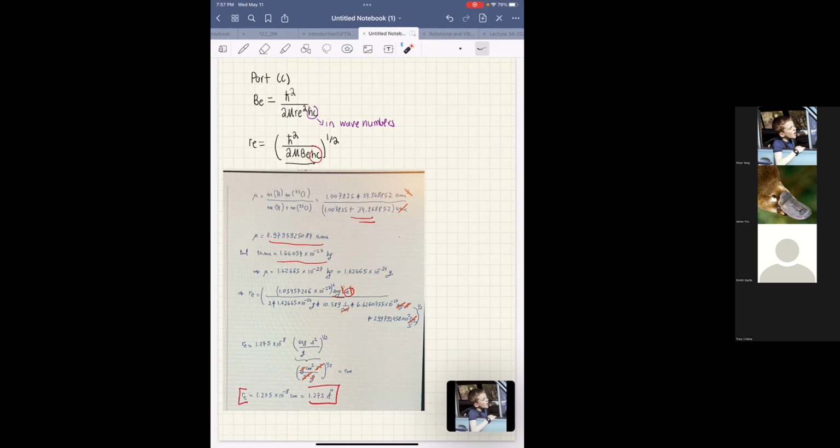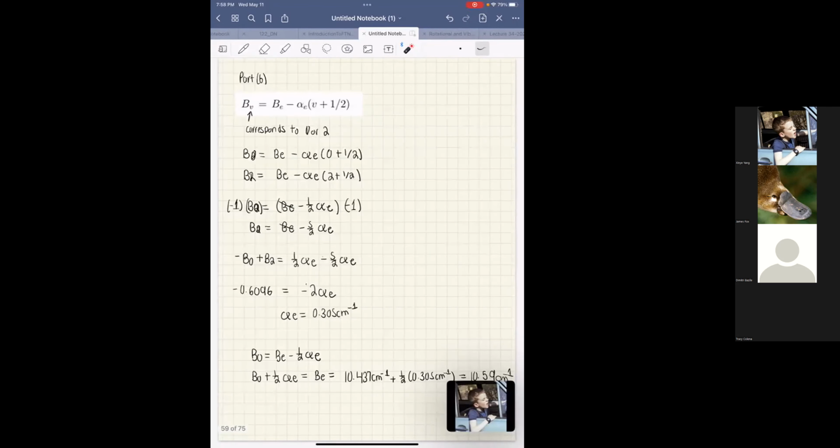I suggest asking the professor specifically what that value is in ergs per second, and I think he's going to give it to you at the end of the test. And then over 2 times the reduced mass, which you calculated over here, then times BE, which you calculated over here.